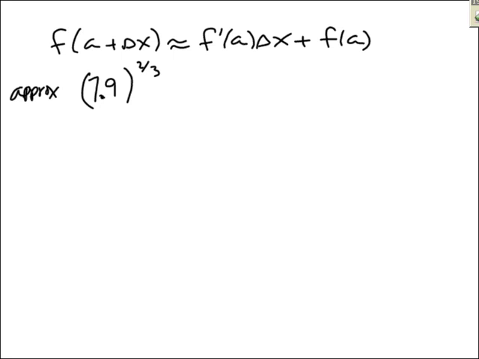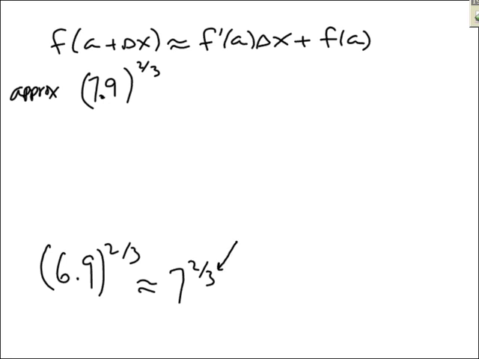Okay. So, what's the closest number to 7.9 that you know how to raise to the 2/3 power? For example, if it said 6.9 to the 2/3, you shouldn't say, oh, that's about 7 to the 2/3. Well, it is, but you don't know 7 to the 2/3.